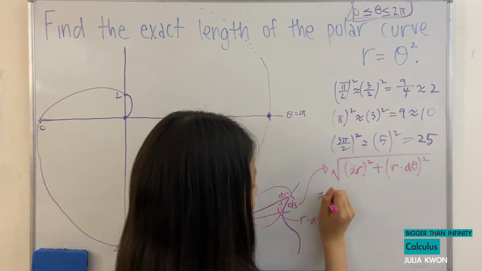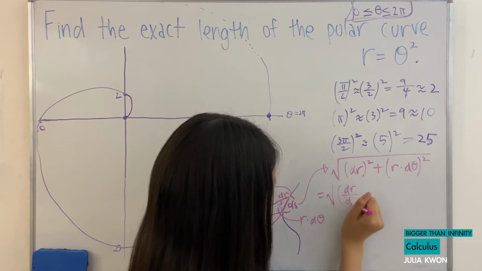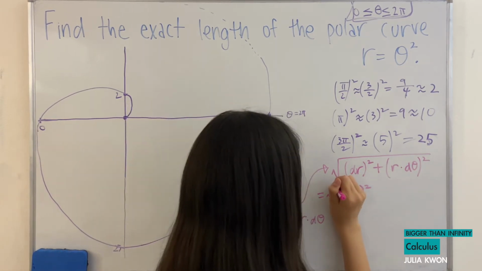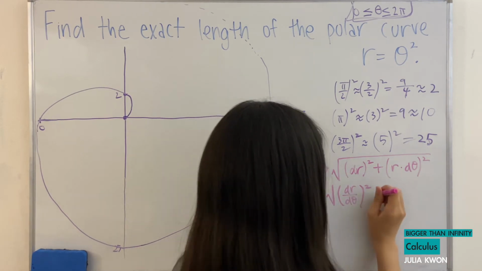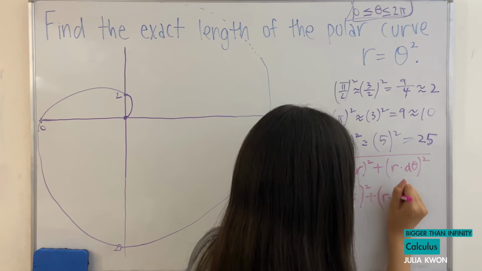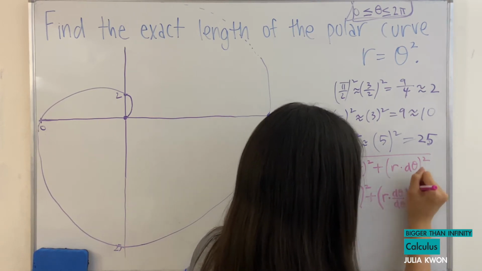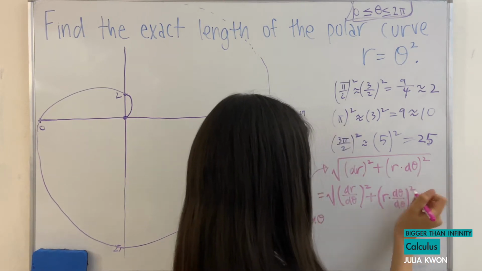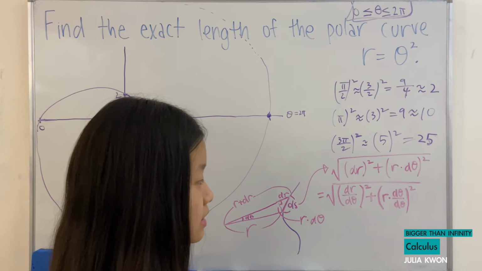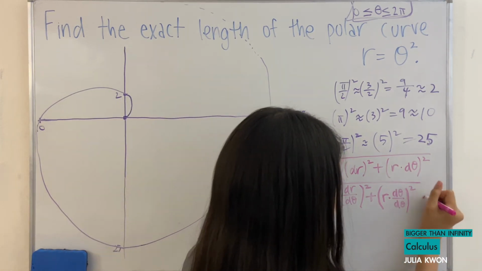That would give us the square root of dr divided by d theta, squared, plus r multiplied by d theta divided by d theta, all of this squared. And then of course we have this whole thing multiplied by d theta, since we also divided by d theta. And that would cancel things out.